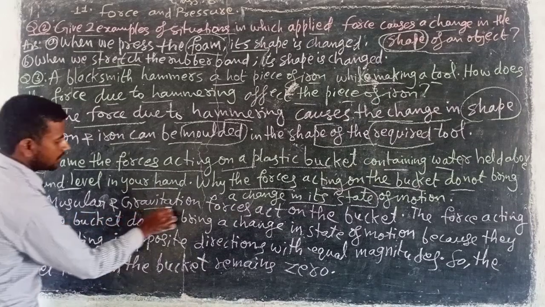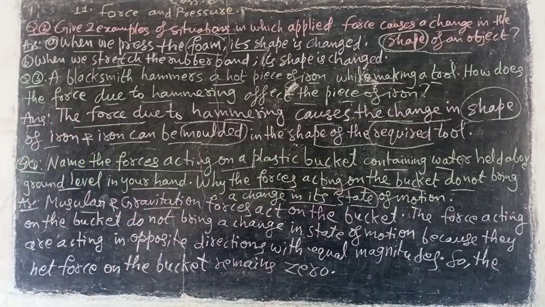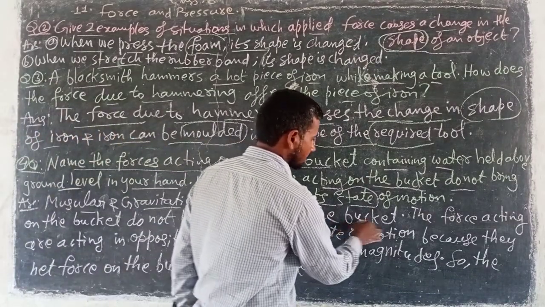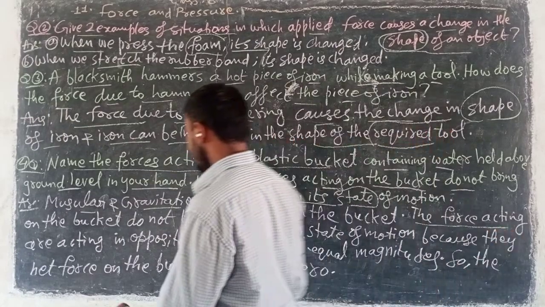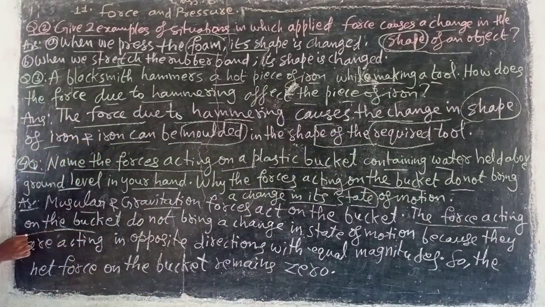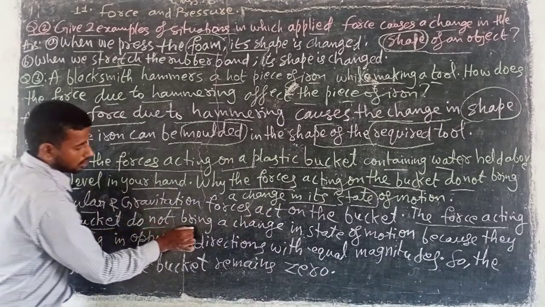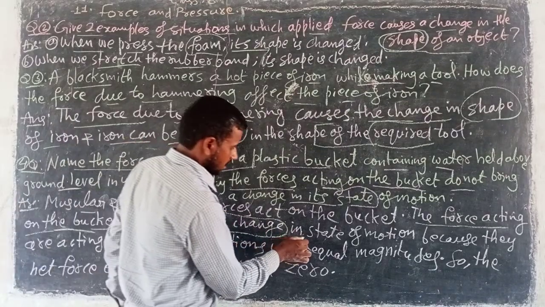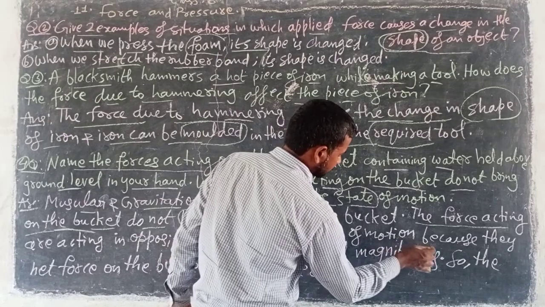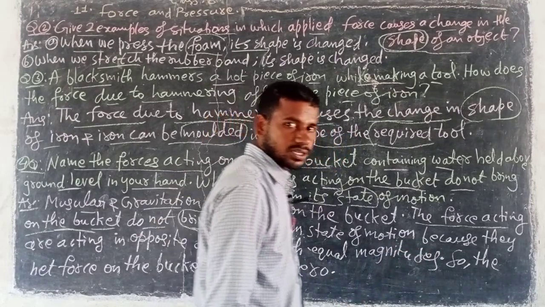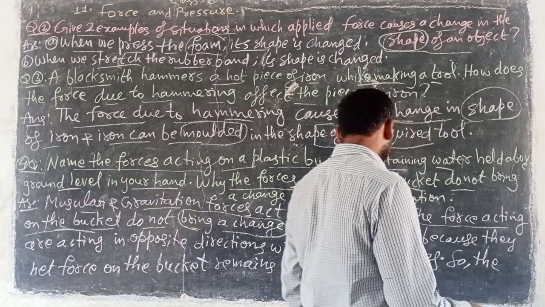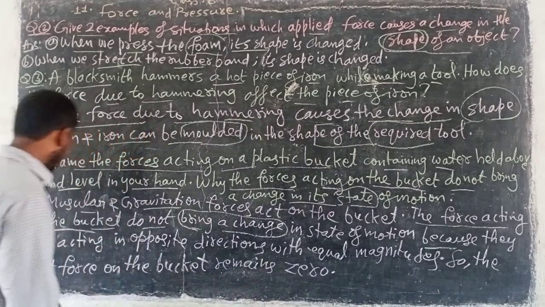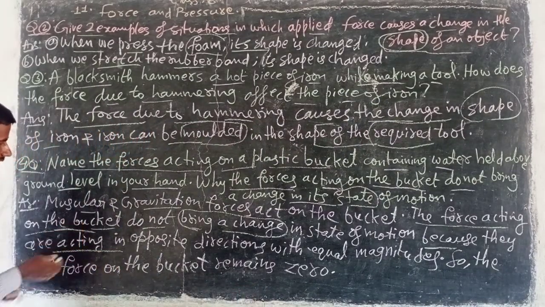Look here. Muscular force and gravitational force both are working on the plastic bucket. The forces acting on the bucket do not bring a change in its state of motion. Why? Because they are acting in opposite directions.